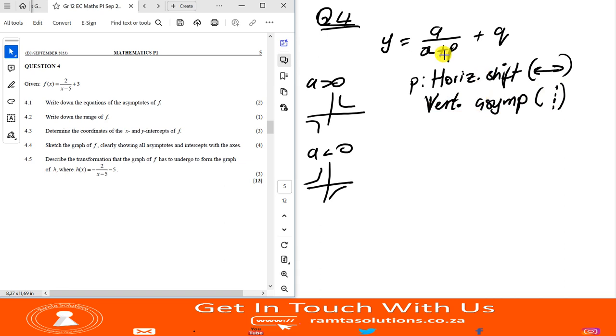To get this vertical asymptote, the denominator must be 0. So you say x is equal to negative p. It's very important that you know this.